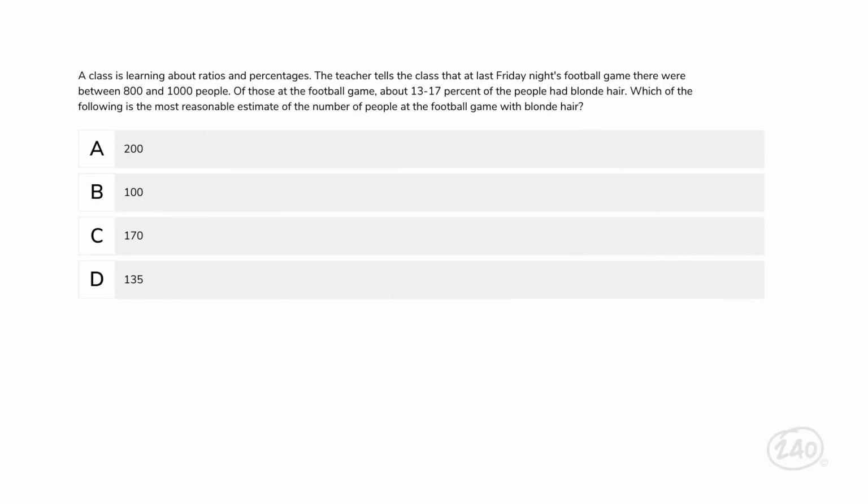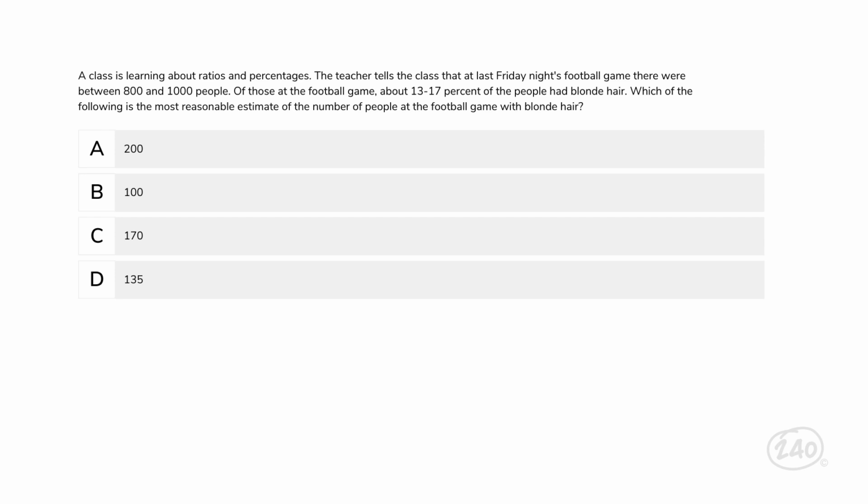Now let's look at one where you need to convert. A class is learning about ratios and percentages. The teacher tells the class that at last Friday night's football game, there were between 800 and around 1,000 people. Of those at the football game, about 13 to 17% of the people had blonde hair. Which of the following is the most reasonable estimate of the number of people at the football game with blonde hair?